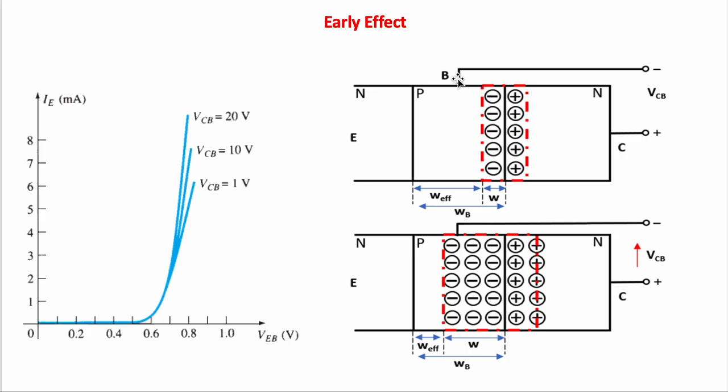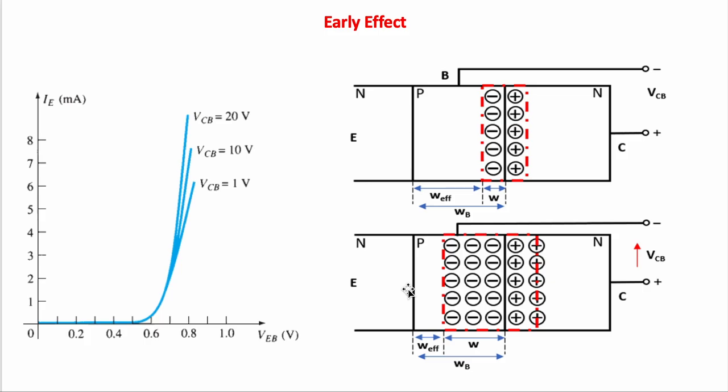Since the base region is slightly doped compared to the collector region, the depletion region will extend more into the base region, as we see here, leaving just a small part of effective base region.